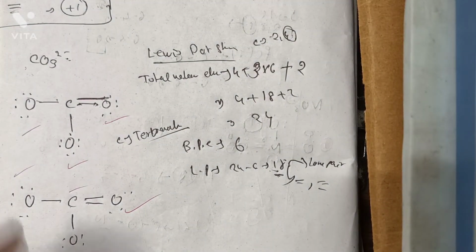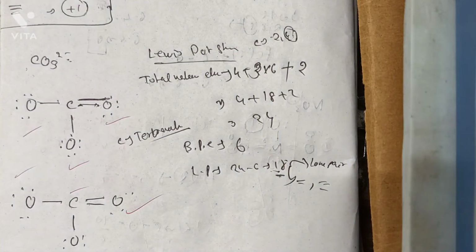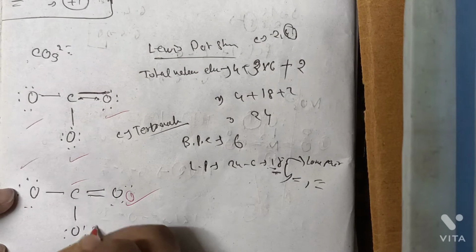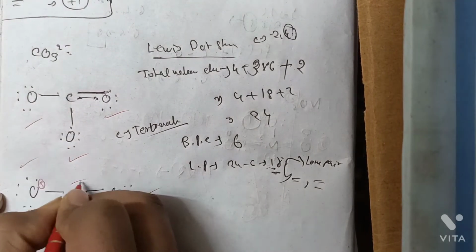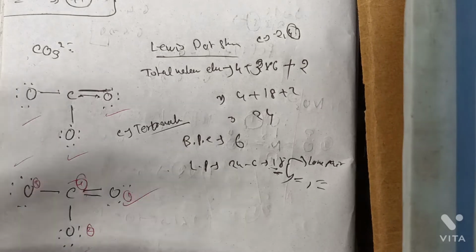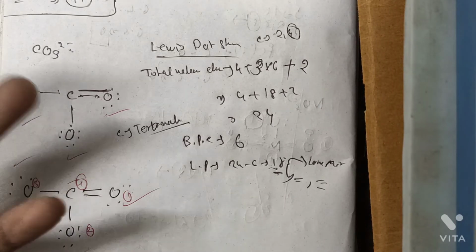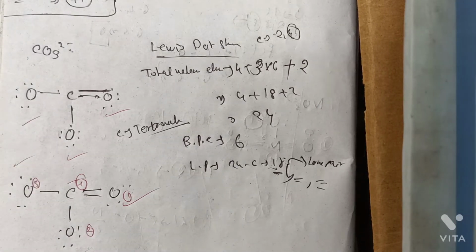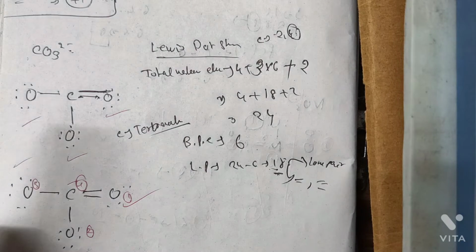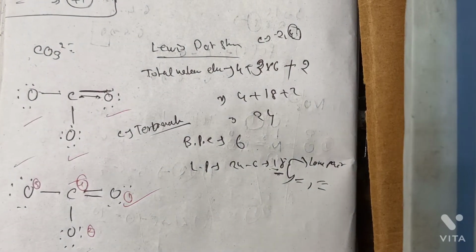Now we are going to find out why the whole carbonate ion has a 2 minus charge. First we're going to put numbers on the atoms: 1 2 3 4. I will make a separate video on how to draw structures with the Lewis pattern, and I will show you how you can easily draw the structures of nitrate ion, carbonate ion, sulfate ion and nitrite ion.